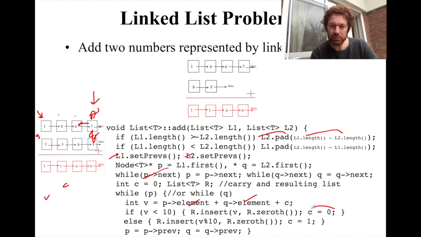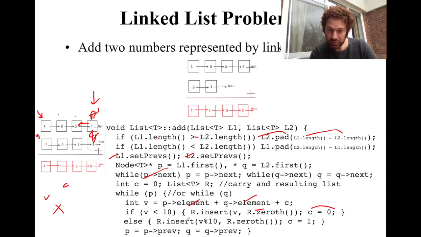That's why I will separate this into two parts. So carry will still be 0, but I will be inserting this 10 after the zeroth item. So this will be the resulting list, L3 or R, whatever. After the zeroth element of it, I will be inserting the value V, which is not less than 10.